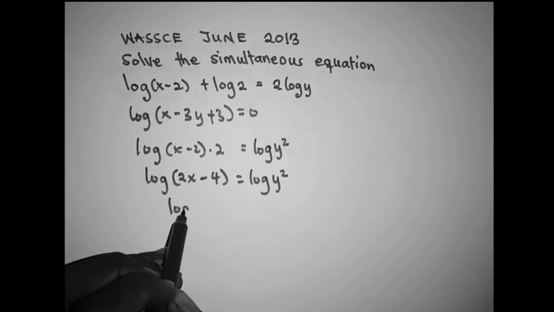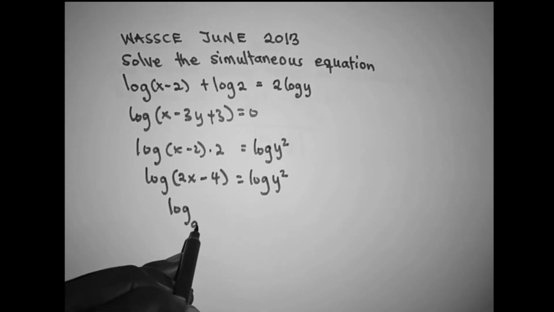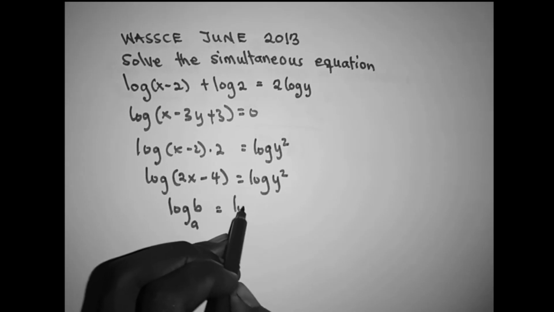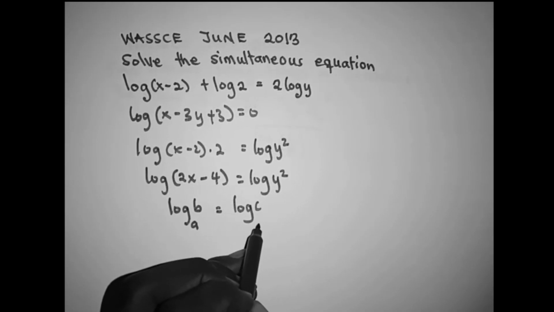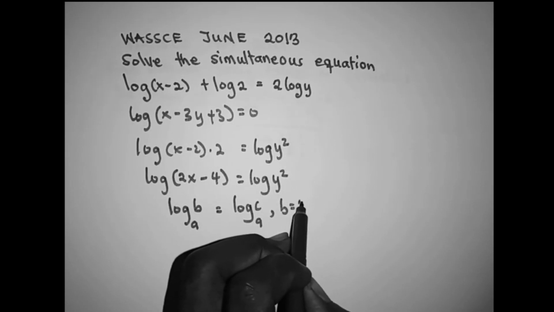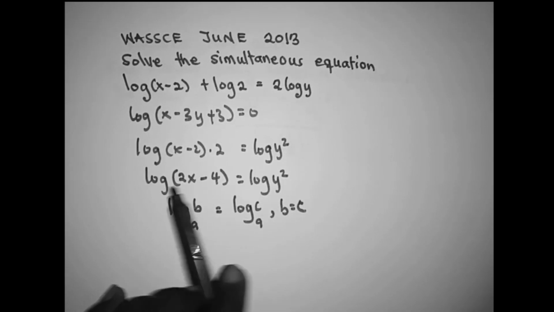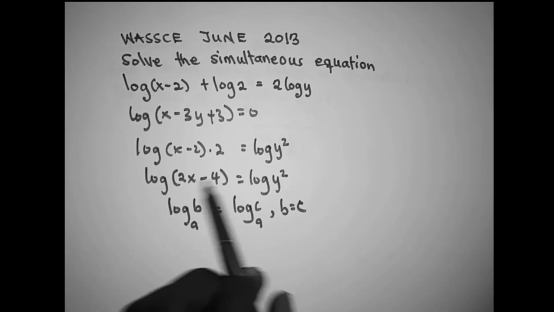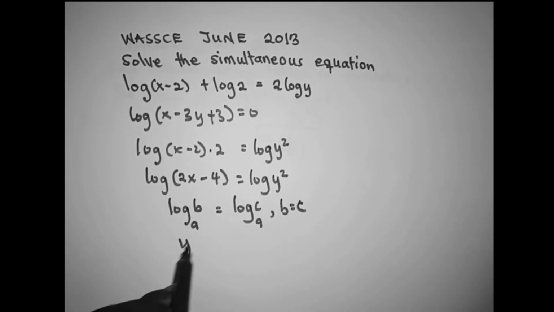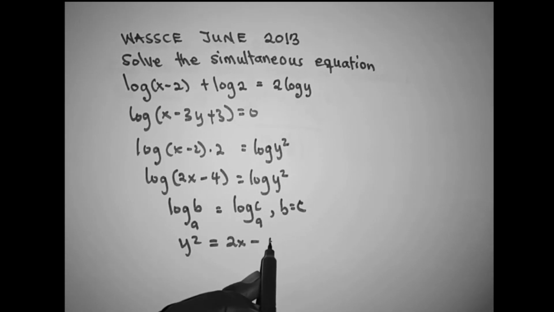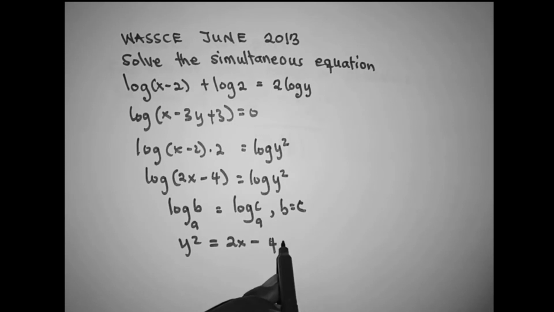We said that if log b base a is equal to log c base a, it implies that b is equal to c. And therefore, since they have the same base, which is base 10, we can equate y squared equals 2x minus 4. So this becomes our equation 1.